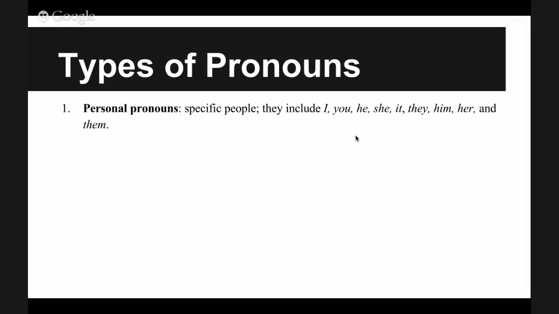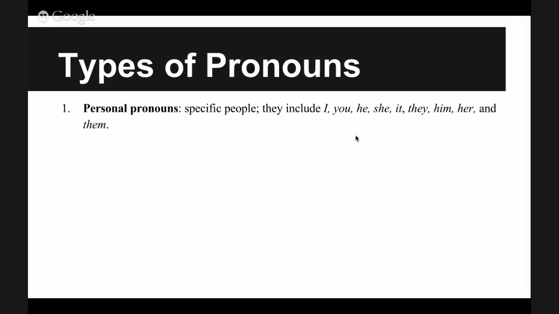So you see singular cases, such as the first person subject I, or the second person singular you, and you see plural cases of the personal pronoun, such as they and them.